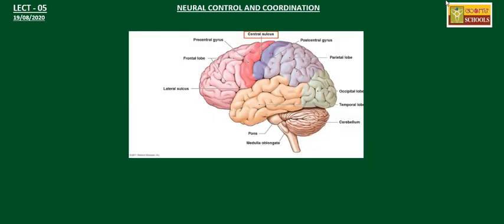So here is the diagram where I would like to show you. You can see here, these are the depressions. These depressions are called sulci, cingulate sulcus, and you can see the ridges here. These are all the ridges, and they are called gyri.